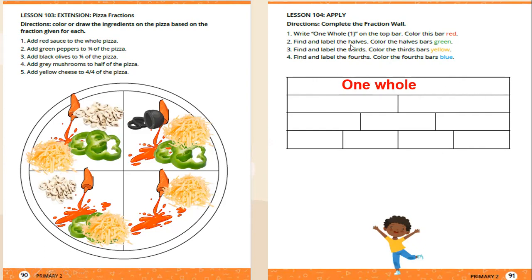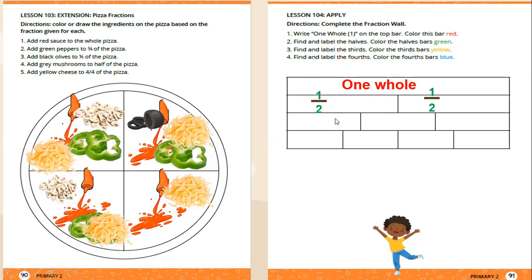Bravo. The next one, find and label the halves and color them in green. Number 2, we will divide the chocolate bar into 2 parts. So this is called 1/2, as it is 1 part out of 2. And this is also called 1/2 because it's 1 part out of 2.